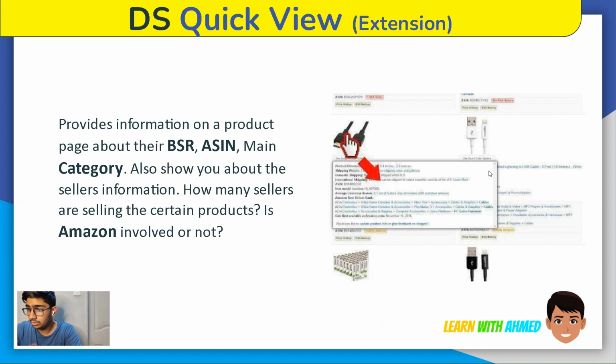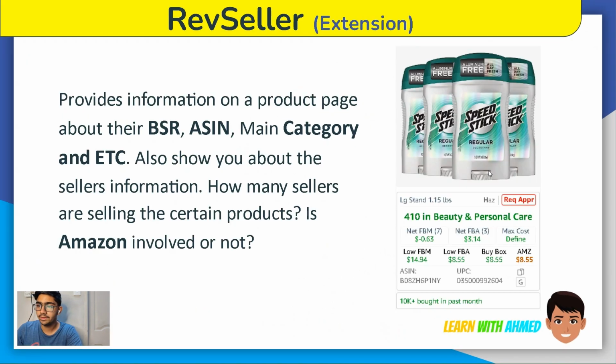I don't know if it currently still exists. It was around in my time, but I'm also giving you the extension I personally use currently, which is the RevSeller extension. It is much better and much more advanced than DS Quick View. It also gives you DSR, SN, in category, etc.